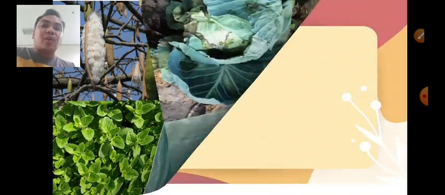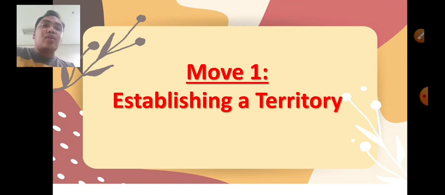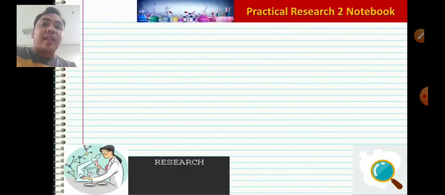So let's have this study so that we can write our research introduction. Recall, the first move in order to prepare our research introduction is known as establishing a territory. So what do we mean by establishing a territory, and how will we write it?